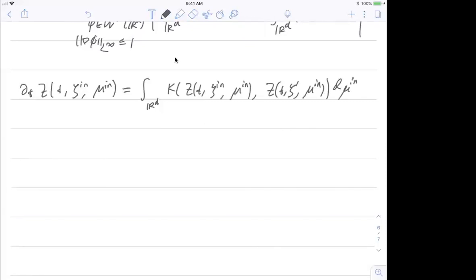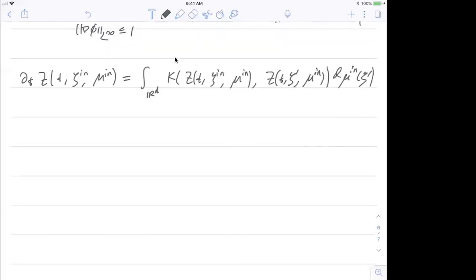So here is psi prime. Of course, the initial data is just xi initial.